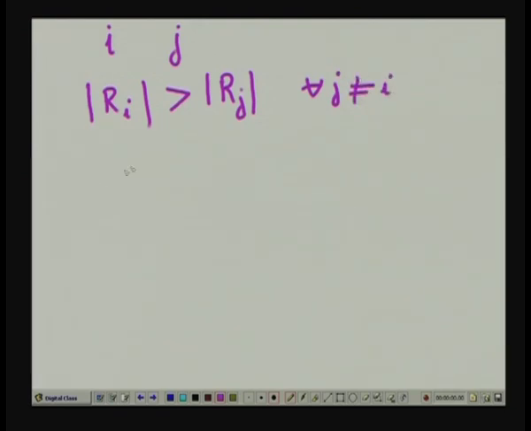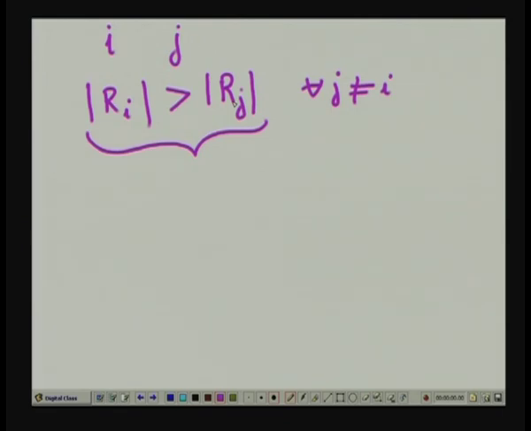If I take a particular mask, say the ith mask, and any other mask, say the jth mask, and I find that the value computed with the ith mask, the absolute value of R i, is greater than R j, where R j is the value computed with the jth mask for all j not equal to i, this says that the corresponding point is more likely to be associated with a line in the direction of the mask i.